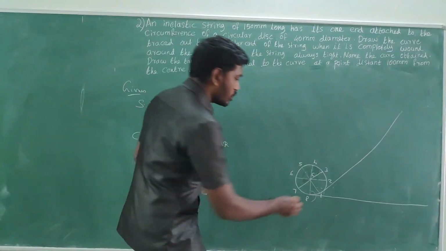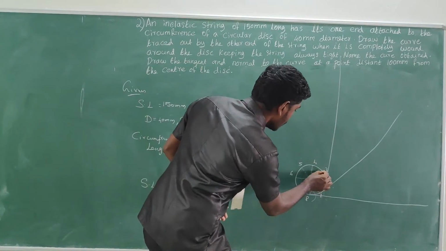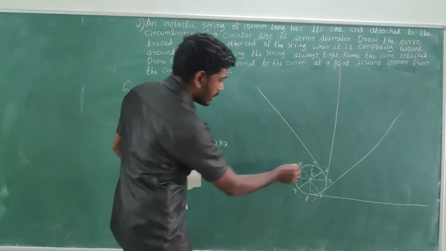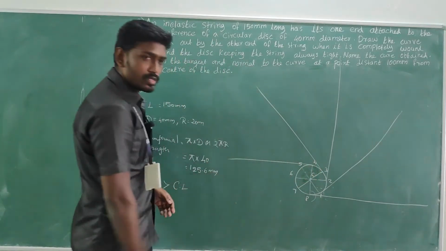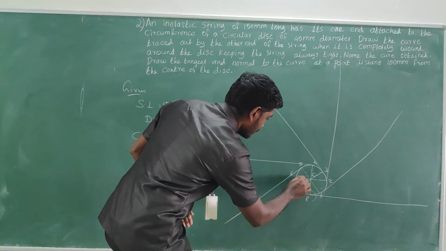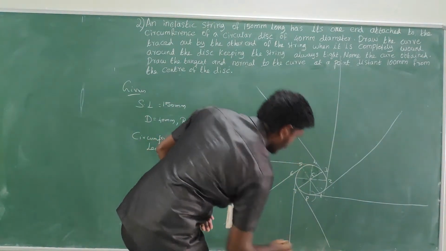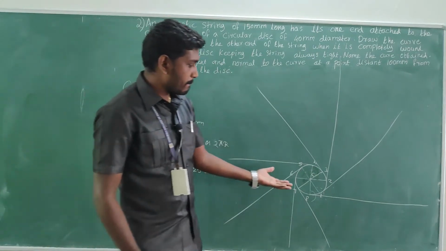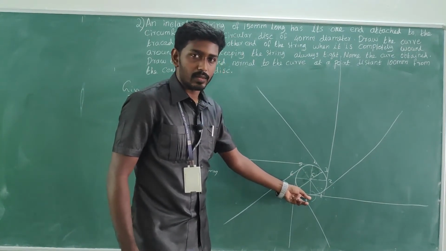Repeat it for the rest of the points, so it comes like this. You are taking a 90 degree line from each point, which is a tangent.